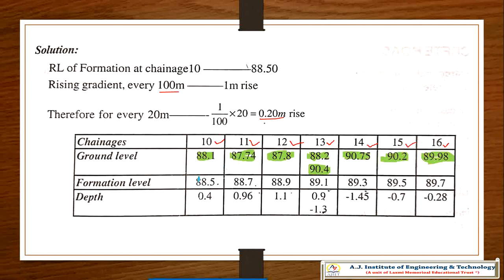So this is your ground level. The formation level starts from the 10th signage, that is 88.5, as mentioned in the problem. So now every 0.2 meter it rises, because it is 1:100. So it goes like this: 89.1, 89.3, 89.5, 89.7.